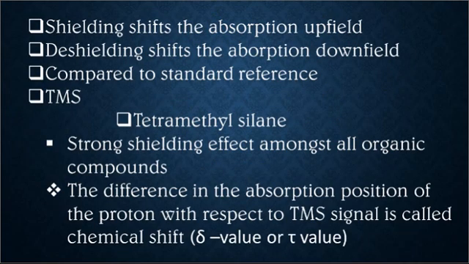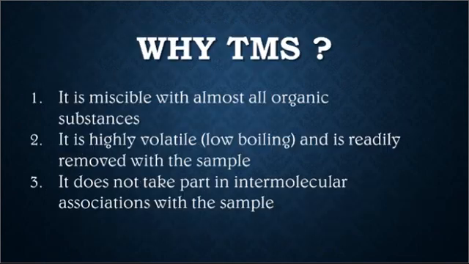TMS is taken as a reference because it has a very strong shielding effect amongst all organic compounds, and the difference of the absorption position of the proton with respect to this TMS signal is called the chemical shift. Here we are talking about delta value and tau value.